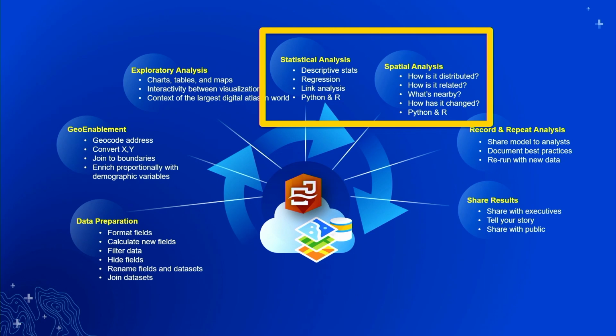Starting out with as simple as descriptive statistics, regression analysis, link analysis. And if there isn't an analysis capability in Insights out of the box, pull it in with Python and R. The same with spatial analysis, finding out how things are distributed, related, what's nearby.